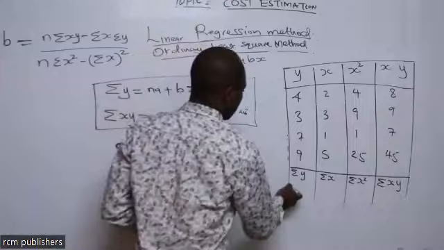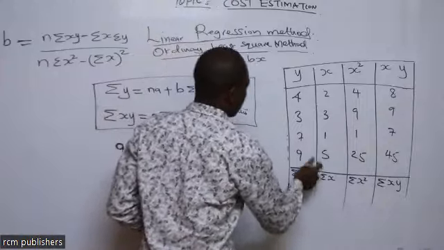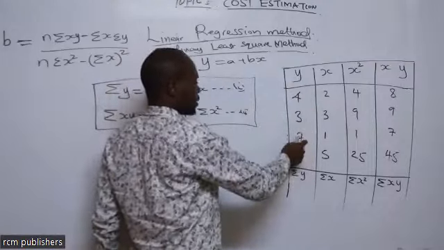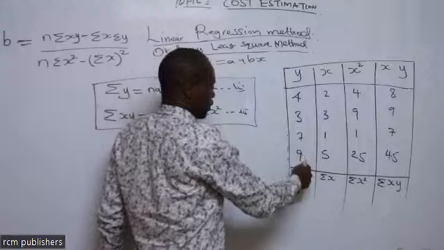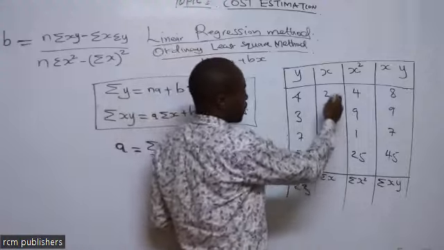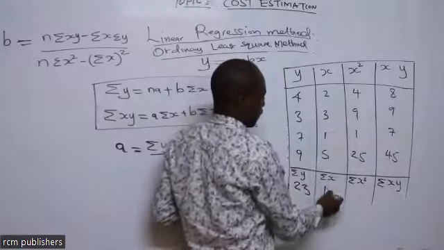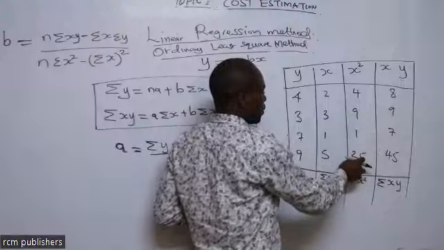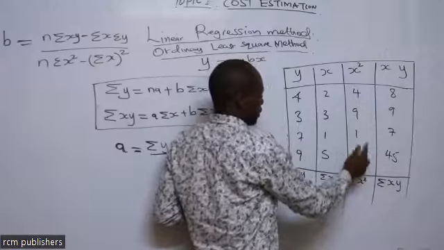Once that is done, you want to get the summation of y. We simply add whatever is in this column. That is 7 plus 14, 23. Then x here, when we add everything, that's 5, 6, 11. Here 13 plus this will be 38, 39.